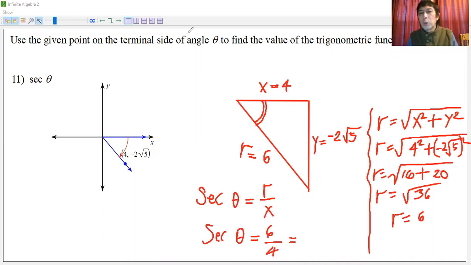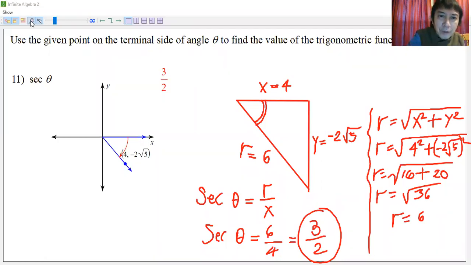Reducing to lowest terms, this will be 3 halves. And this is our answer, positive 3 over 2. It is positive because it's a second function at the fourth quadrant. So let us check and verify. It's 3 over 2 over here, so this must be the right value of secant of angle theta.